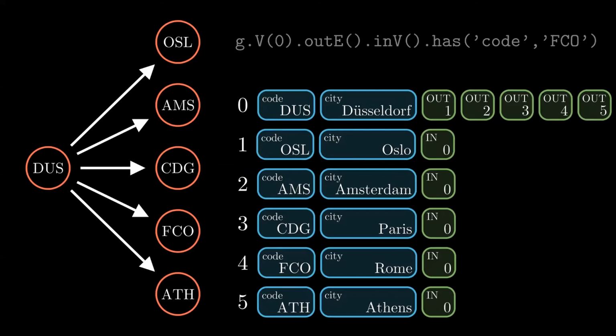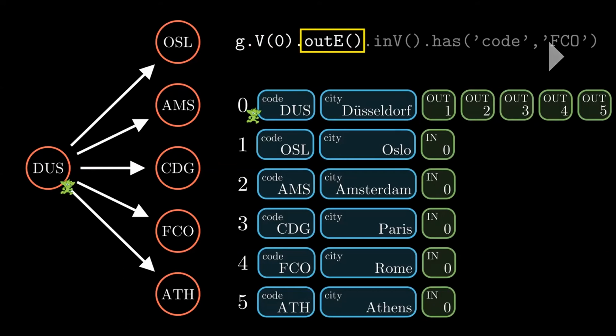The first step of the query, V(0), creates a traverser at the Düsseldorf airport, which you can see represented by the Gremlin figure in the graph and in the storage. Starting from here, we can now iterate through the query steps one by one and see how they are evaluated.